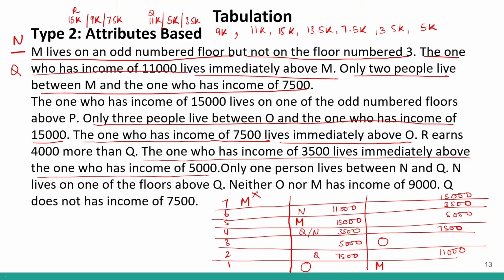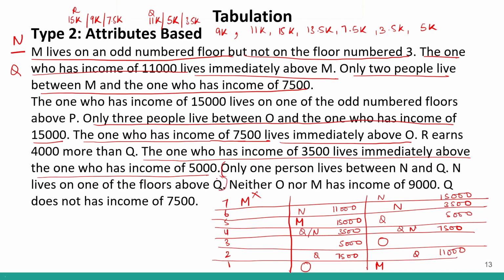This is also possible because N lives on one of the floors above Q. Similarly, N can come here and Q can come here. We can have many possibilities. So let us hold this information also.